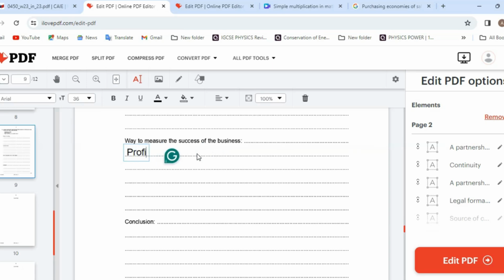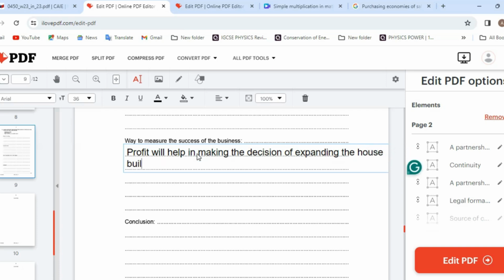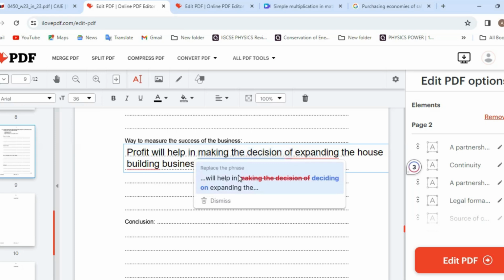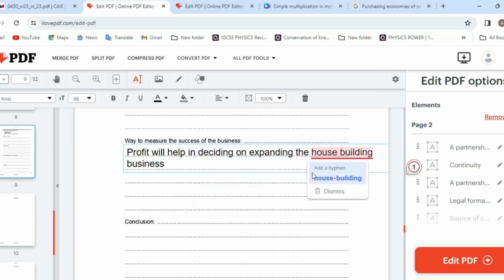Profit will help in making the decision of expanding the house building business. If profit is low, it may indicate that the business will change to doing something else rather than expanding its business.